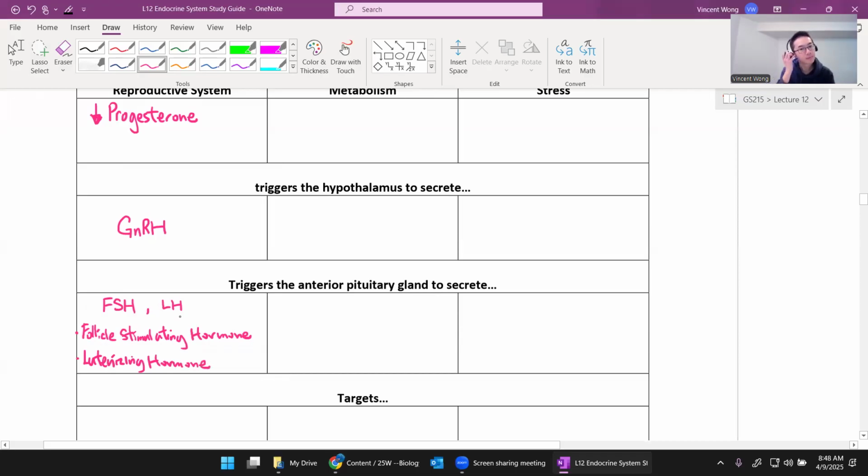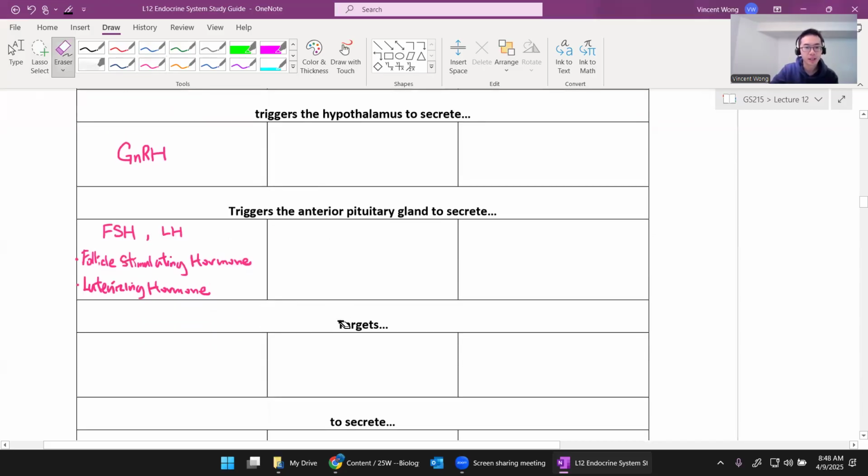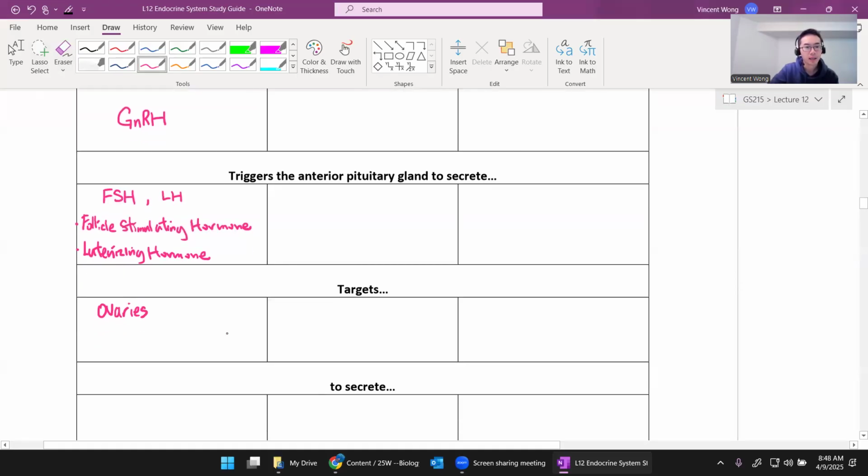Okay. Then what does it target? Well, we're using female as an example, so it targets the ovaries. And what's that going to do?